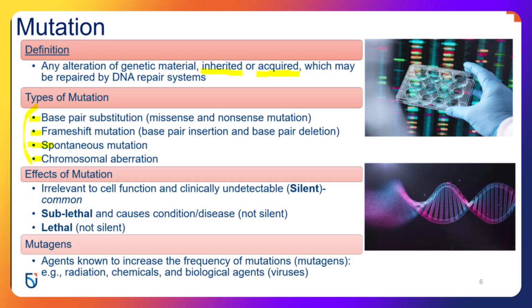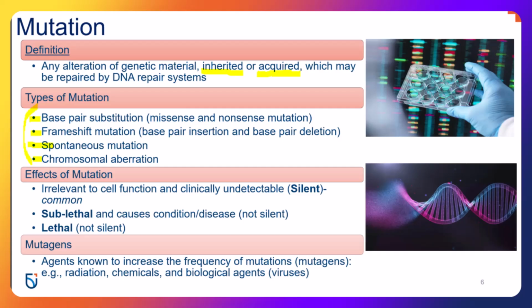These are actually quite common, so they're not a problem most of the time. Other mutations are considered sublethal, meaning that they do disrupt function, they do cause disease, so they're not silent. And then some mutations are lethal, also not silent, but lethal ones prevent normal development or survival.